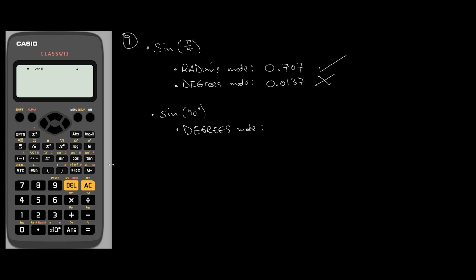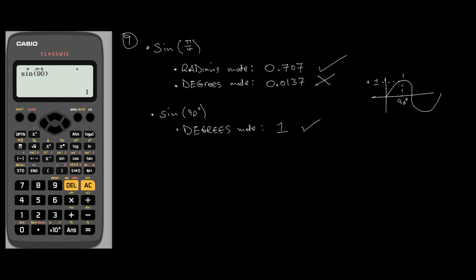Degrees mode, we're going to do the sine of 90. I'm already in degrees mode, that's fine. Sine of 90, close bracket, equals, predictably, 1. Which is correct because, you know, from looking at a sine wave, it looks a bit like this, and that point there is 90 degrees. And this one here, relative amplitude, is +1. Okay, so that is definitely correct.